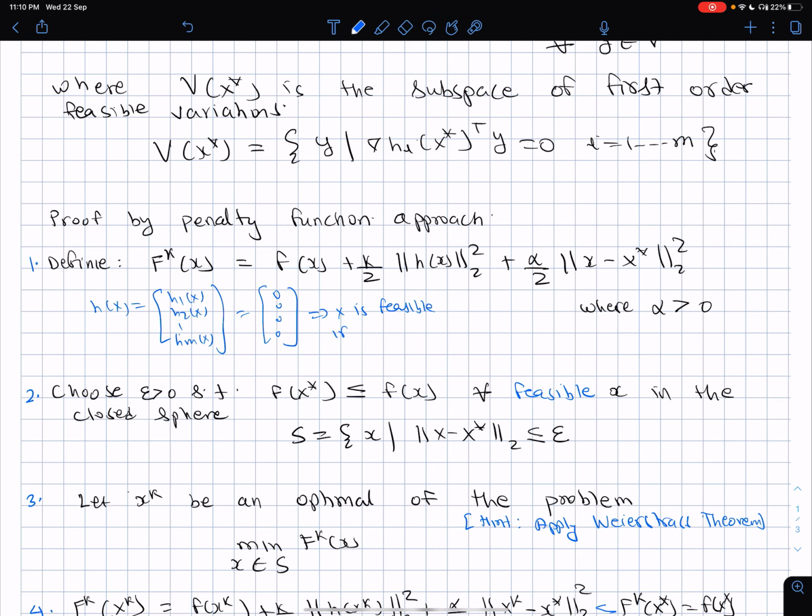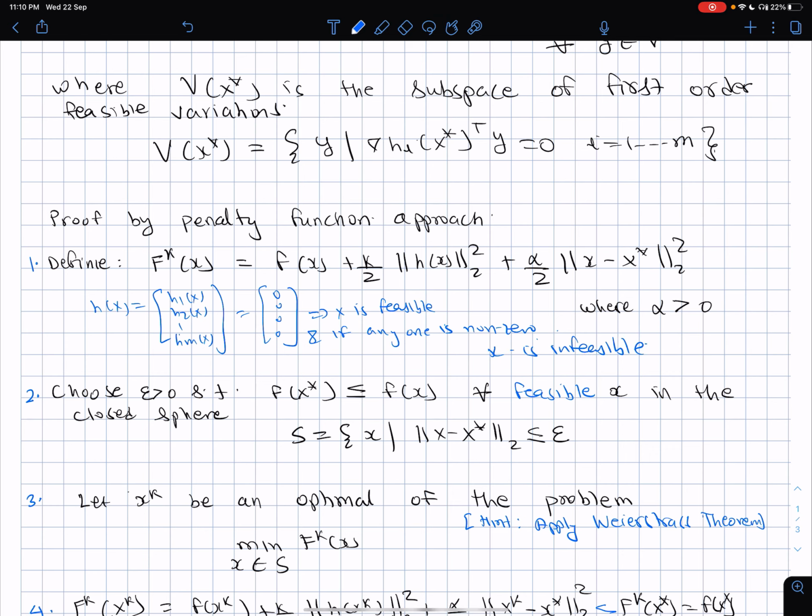And if any one, one or more, is non-zero, then it would imply that the vector h of x is infeasible, so x is infeasible, correct?